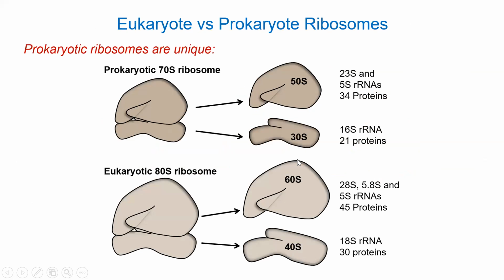Remember, our eukaryotic and prokaryotic ribosomes are different. Prokaryotic ribosomes are actually smaller, and their composition is different. So this is perfect, because if a compound binds really well to this one and not very well to this one, awesome, right? We've got a drug. And it turns out there's a whole bunch of them.